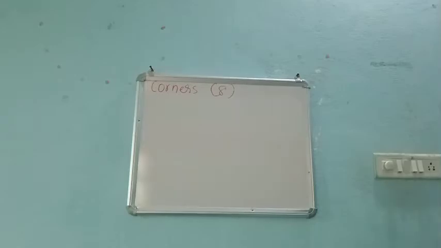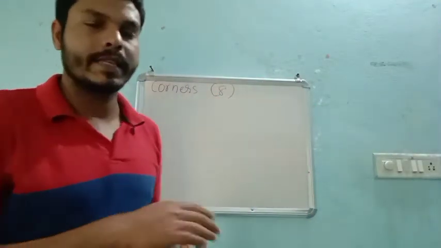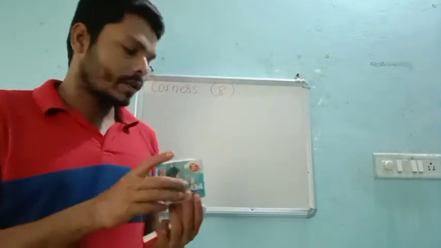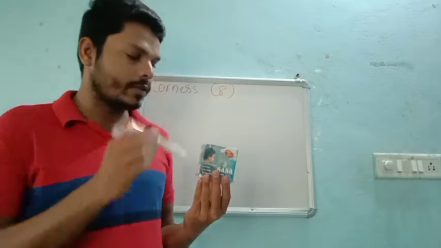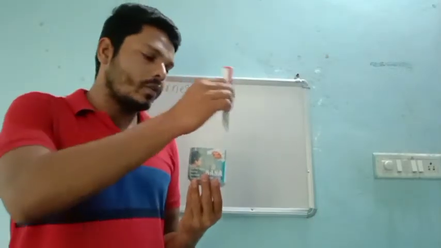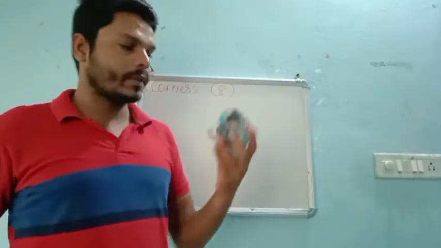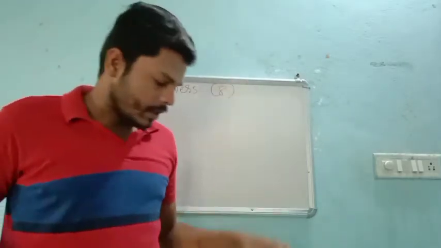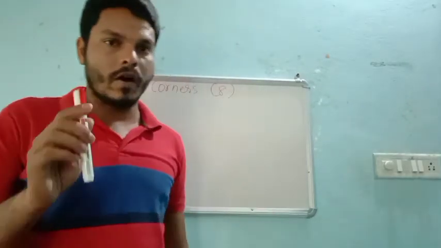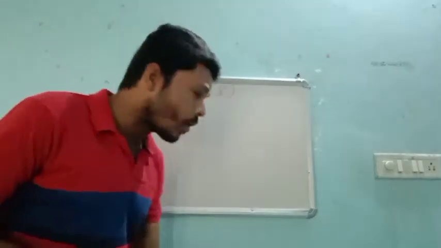If I consider this as a cell, I mean a cube, then you can easily count the number of corners: one, 2, 3, 4, and then 5, 6, 7, and 8. There are 8 corners.